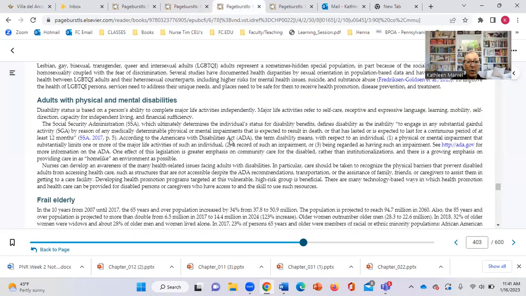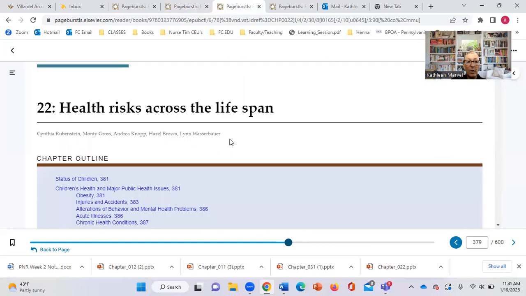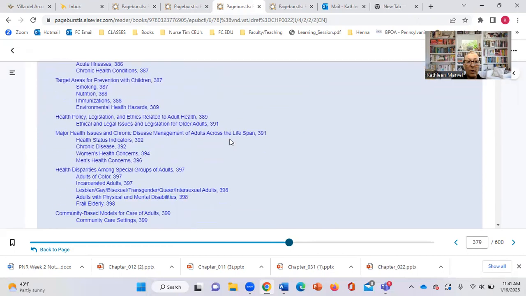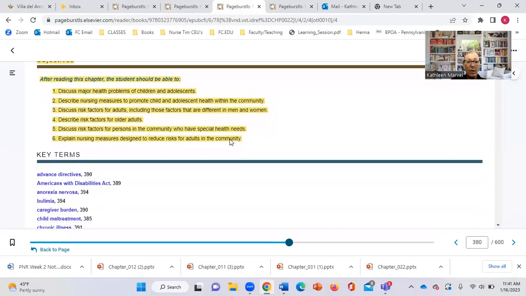The next chapter we're covering is chapter 22, which is health risks across the lifespan. Remember, we said in community health nursing, you are working with clients across the entire lifespan. So there are issues and risks for all age groups. This is where we talk about that. So please have a look at your objectives.